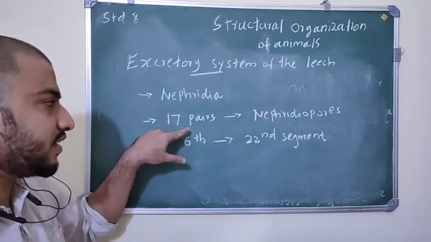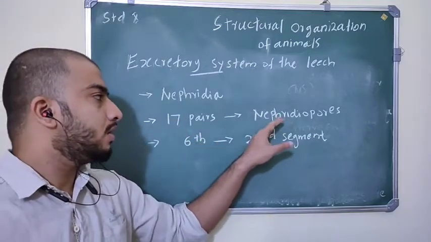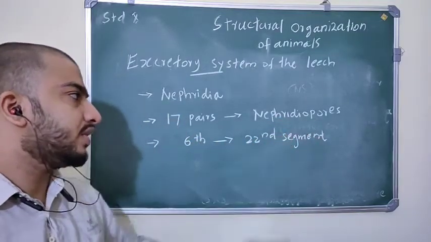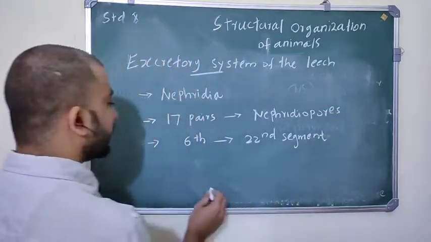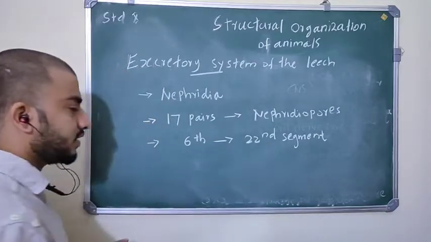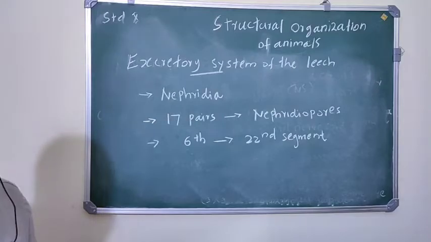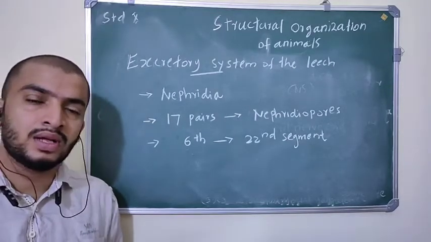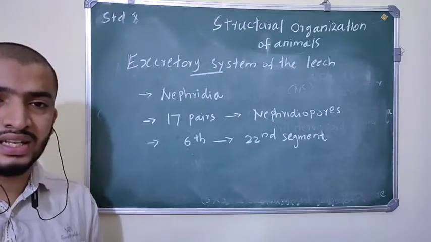There are a total of 17 pairs of nephridia which open out by 17 pairs of nephridiopores, and they are situated on the 6th segment to 20th segment. So today we discussed the respiratory system, circulatory system, nervous system, and also the excretory system.